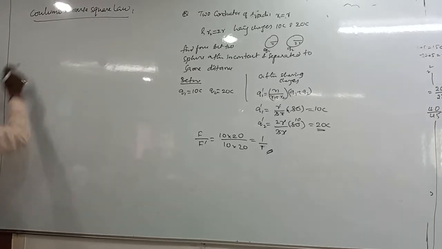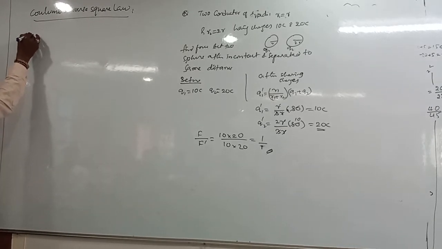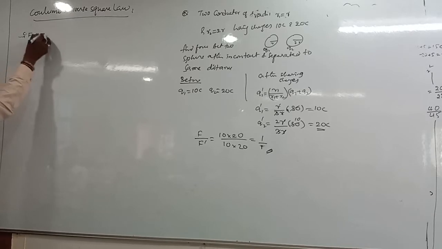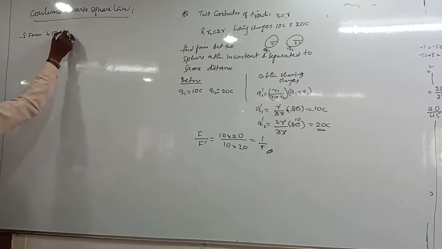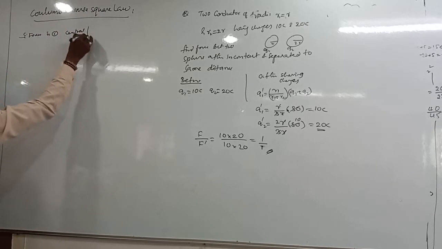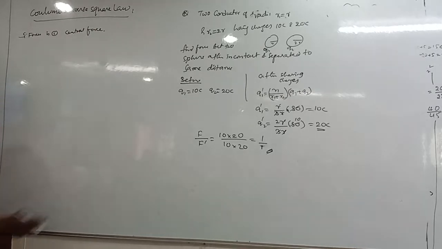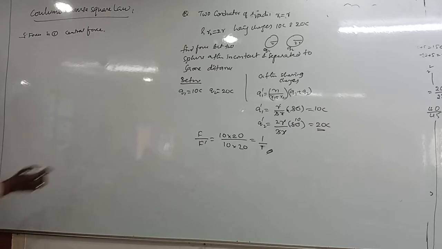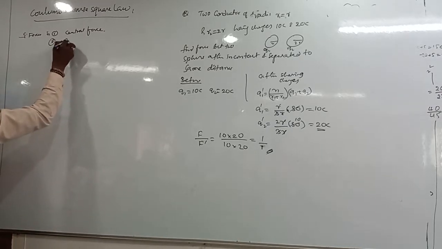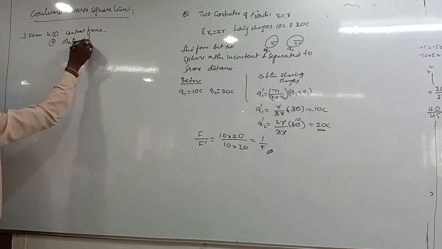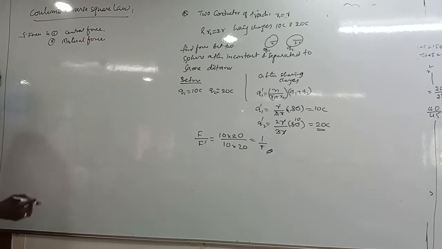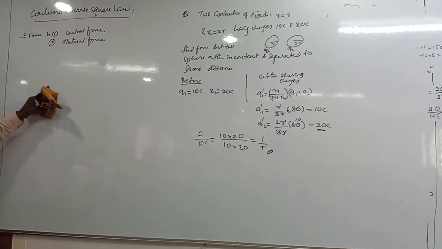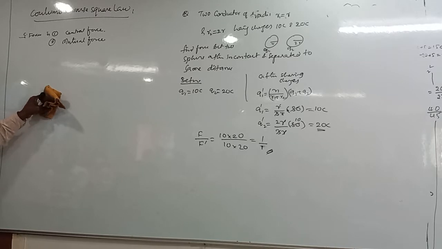Let us see here. Coulomb force is a central force, which acts from the center to the center of the charged bodies. And it is a mutual force, meaning the amount of force acting on Q1 is the same amount of force on Q2.